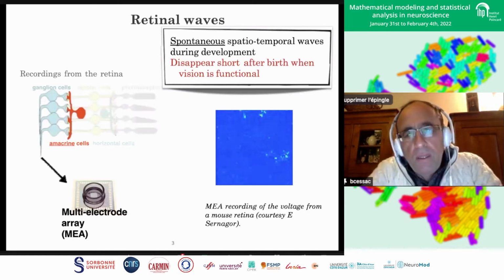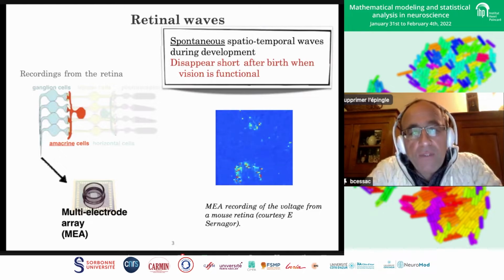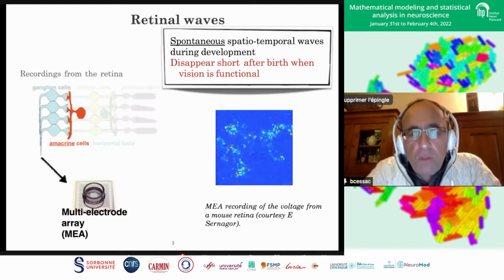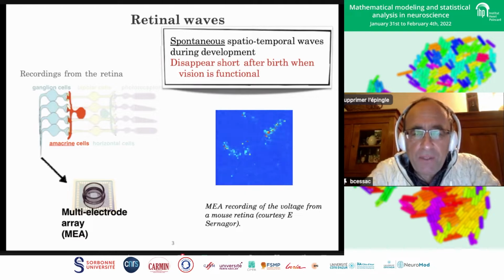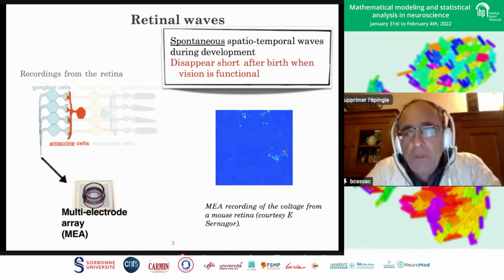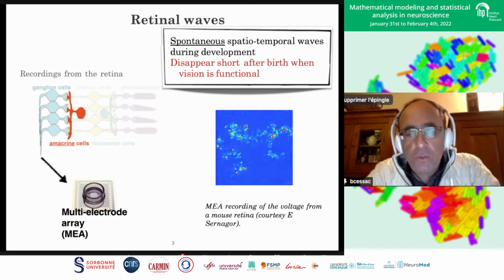So what are retinal waves? I will not have the time to explain the biology, which is very interesting. But what you see here on the right is the result of experiments made on the retina of a mouse which was just born, and you see this pattern of electric activity spreading through the retina.